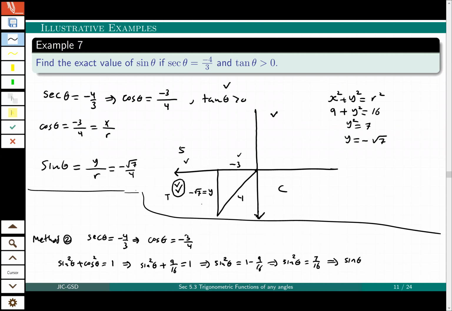Quadrant 3 means sine is negative. So it will be minus root 7 over 4 because only tan is positive in quadrant number 3. That's another method, which is using the identity sine squared plus cosine squared equal to 1.